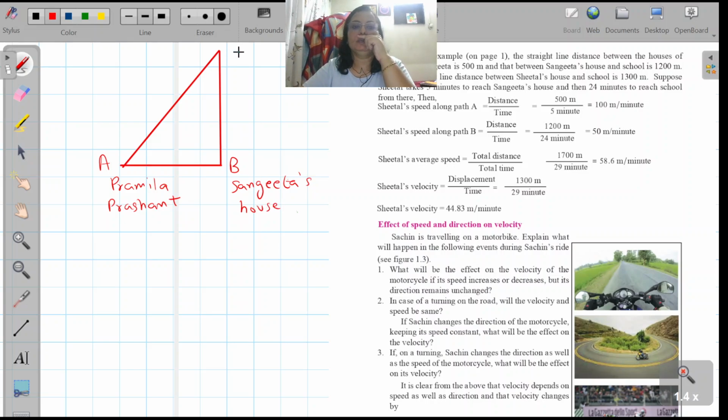And C is school. Now suppose Pramila covers a distance of 500 meter and reaches to B, that is Sangeeta's house. Then she covers a distance of 1200 meter and reaches to school.